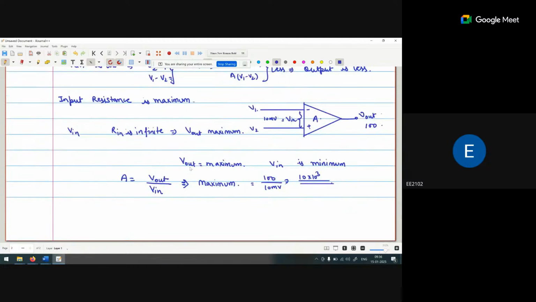So for the ideal op-amp, we are considering the gain is maximum, or we can say it is infinite for the ideal, but practically it is not possible.